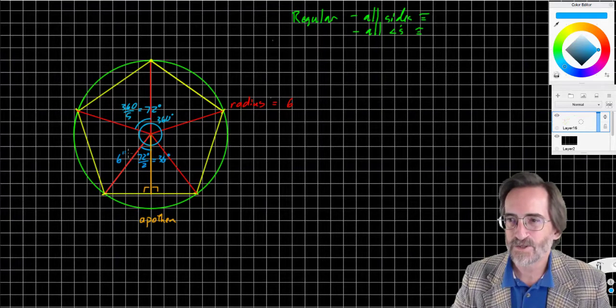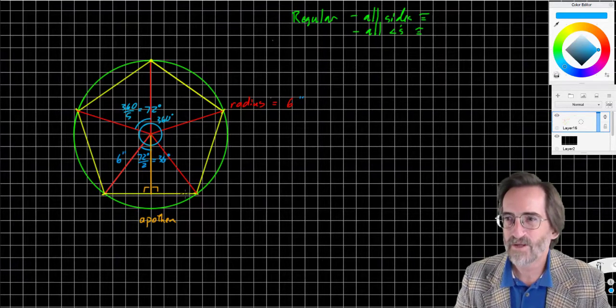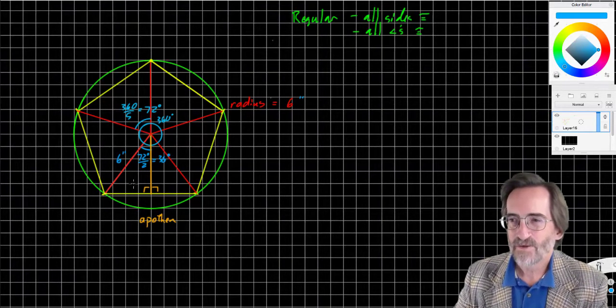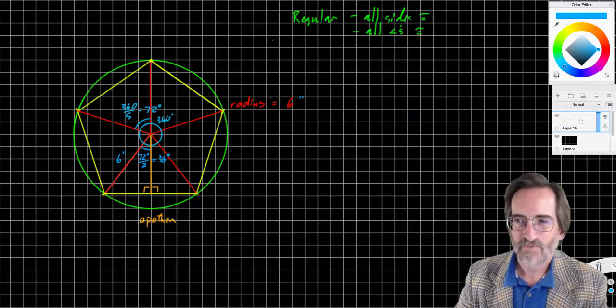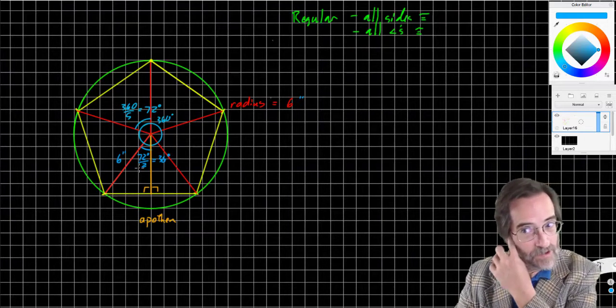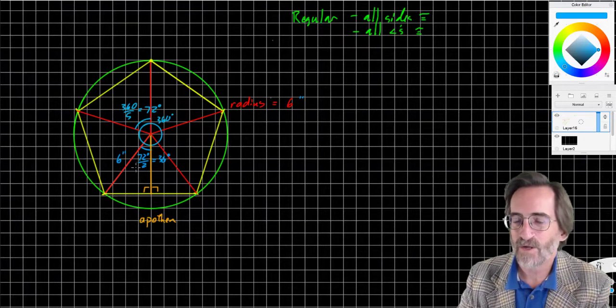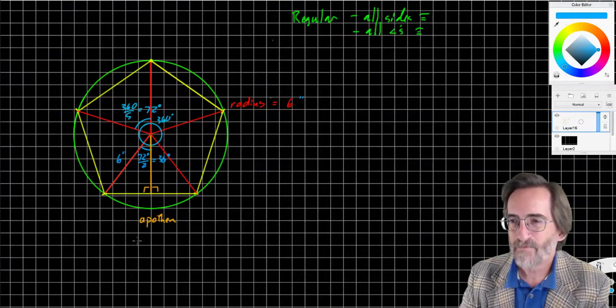Maybe 6 inches if I'm going to put units on it. So we have a right triangle where we know one of the sides and we know 2 of the angles, right? And by hypotenuse leg, we can find the missing sides. Now, not hypotenuse leg, angle side. All right, so let's see if we can figure this out.